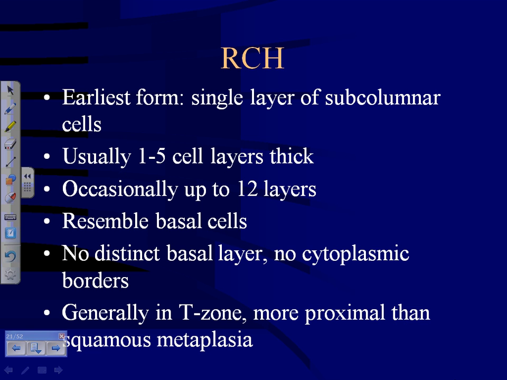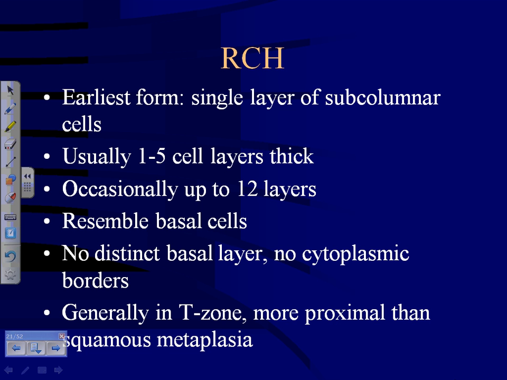All right, in its earliest form, reserve cells form a single layer of subcolumnar small cells, usually one but not more than 5 cell layers thick, but occasionally they can get quite thick, up to 12 layers, and can resemble small basaloid cells, is probably the better word. There's no cell borders.